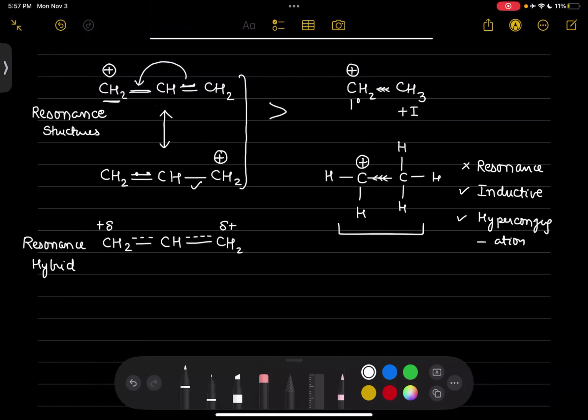And how will I show the hyperconjugation structures?